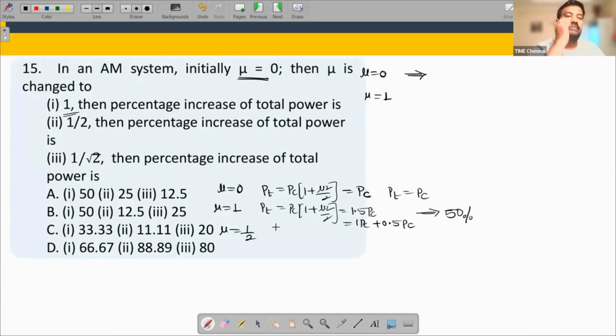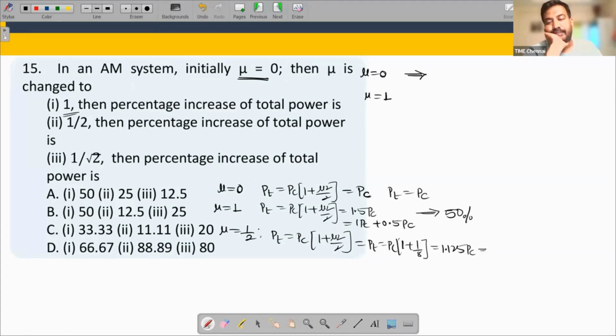Mu is 1 by 2. PT is equal to PC into 1 plus mu square by 2. PT is equal to PC into 1 plus 1 by 8. 1.125 PC, increases by 12.5%. Mu is 1 by root 2.